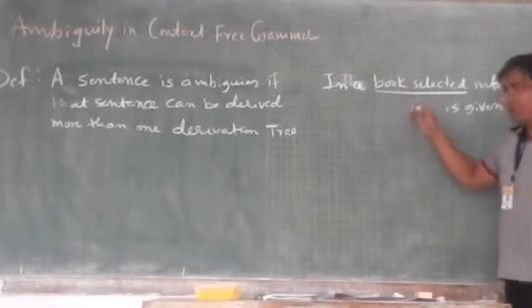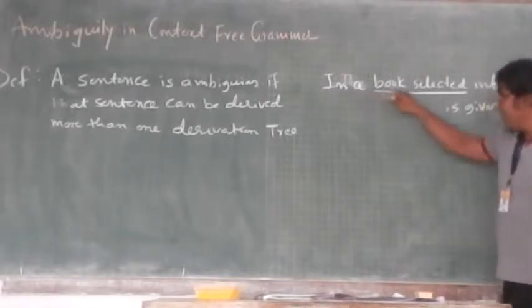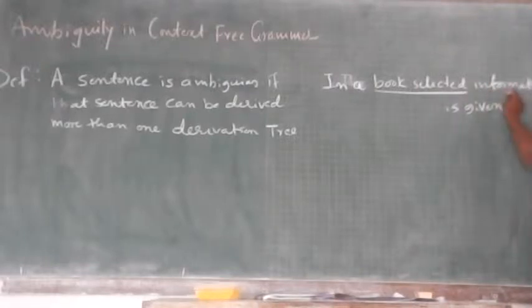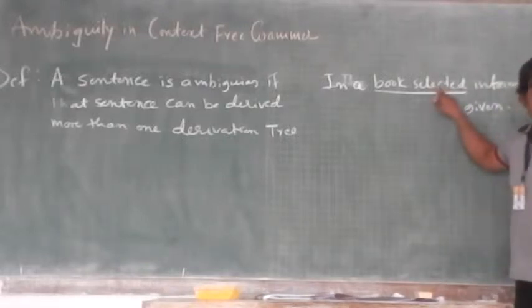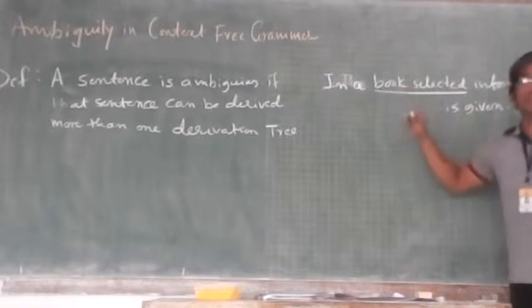Another way I can read the same sentence: in a book selected information is given. I can connect this word selected with information, or I can connect this selected with the book.